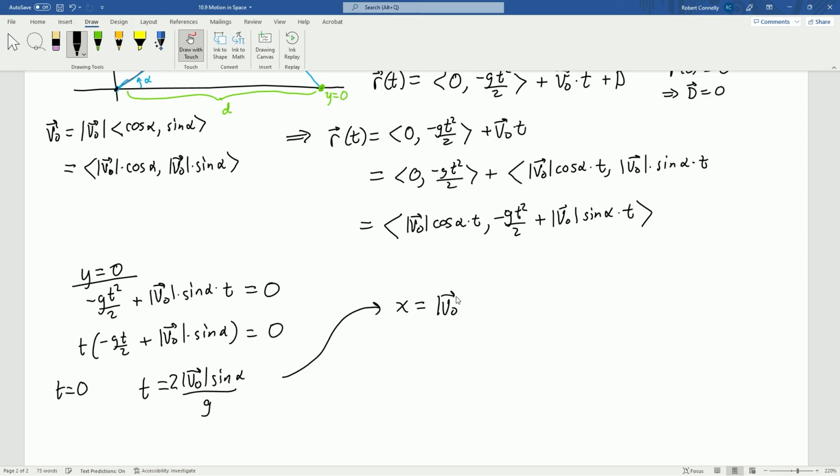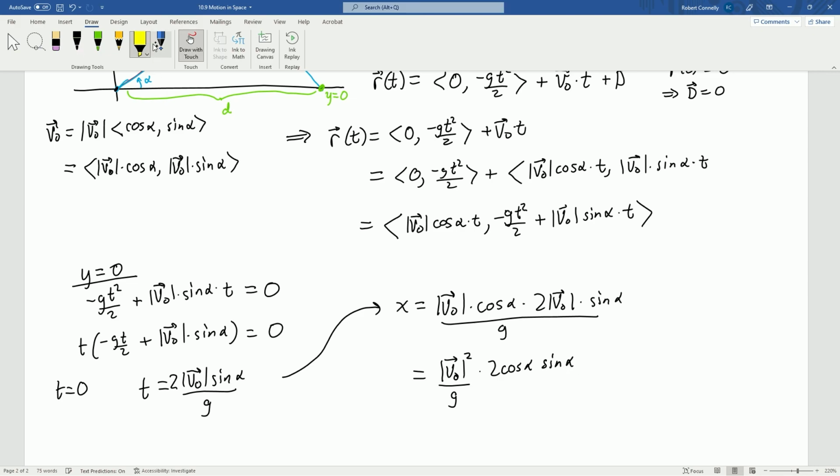So that implies x equals the magnitude of v0 times cosine alpha times 2 magnitude of v0 sine alpha over g. And I'm going to rearrange this a little bit. I get v0 squared over g times 2 cosine alpha sine alpha.